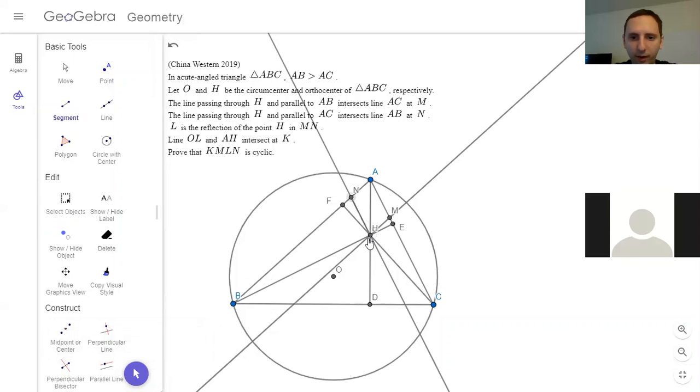So ANHM is a parallelogram, and we can hide the excess.